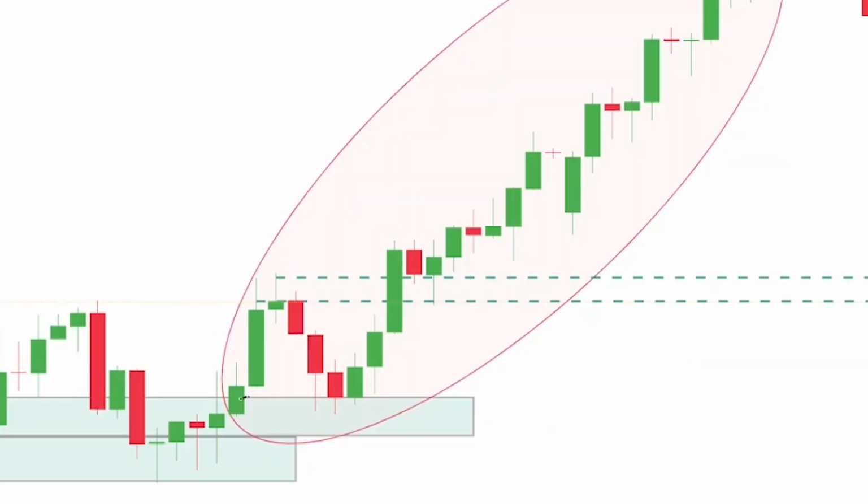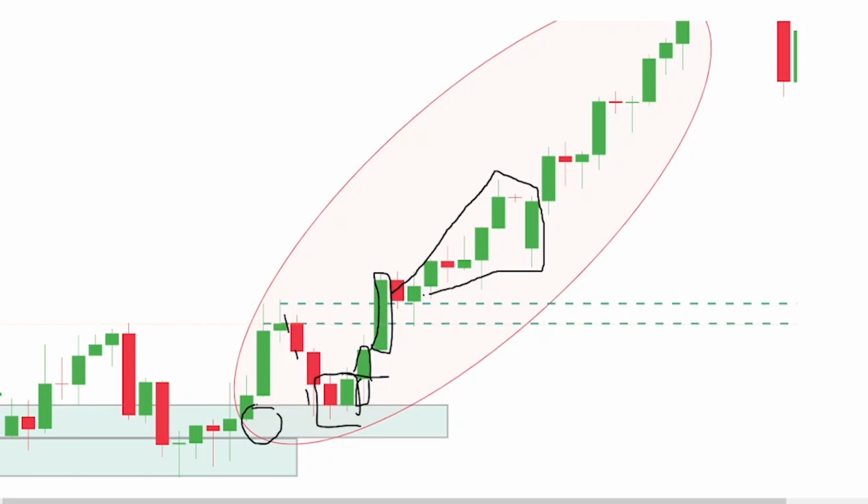Okay, the traders were waiting for the market to make a low from this area, so then they got a confirmation of bullish engulfing from this area. The next candle first made a low before we started making a high, so this confirmation gives the market the direction to move in the upside.